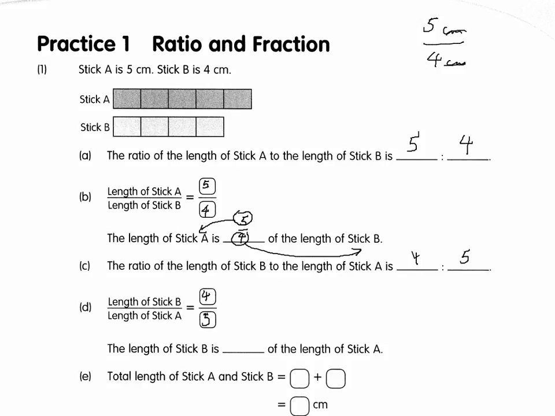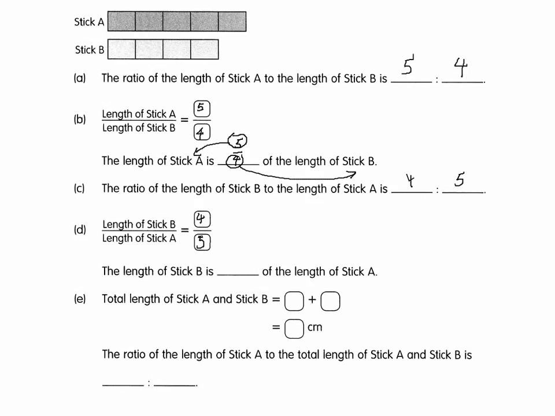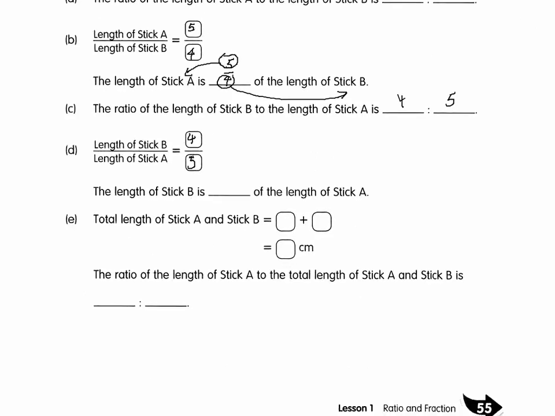And likewise, if you want to describe it, we'll say the length of B is 4 over 5 of the length of stick A. So you know that it's 4 units for B and 5 units for A.